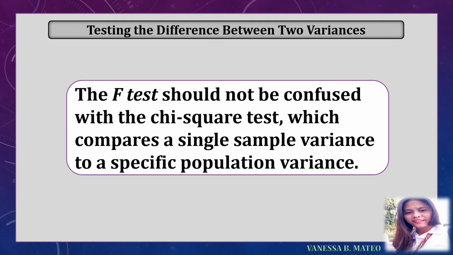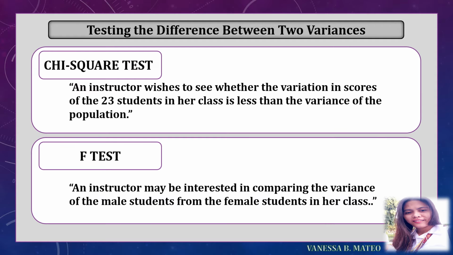The F-test should not be confused with the chi-square test, which compares a single sample variance to a specific population variance. So to compare the chi-square test and the F-test, for the chi-square test, an instructor wishes to see whether the variation in scores of the 23 students in her class is less than the variance of the population.